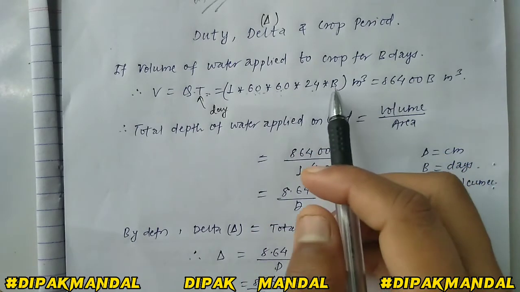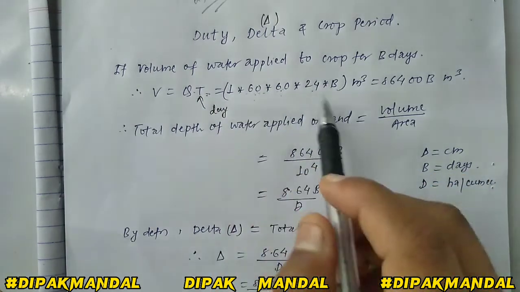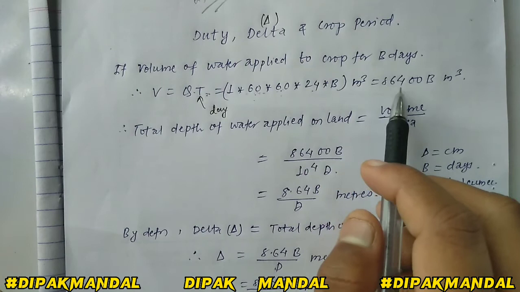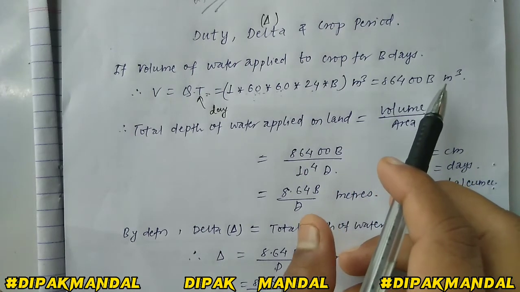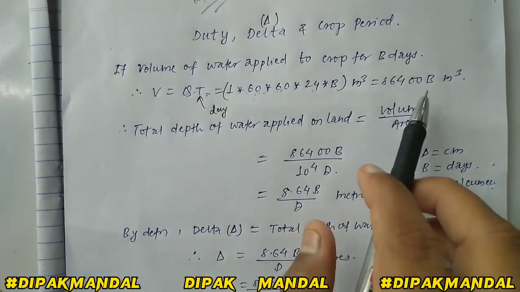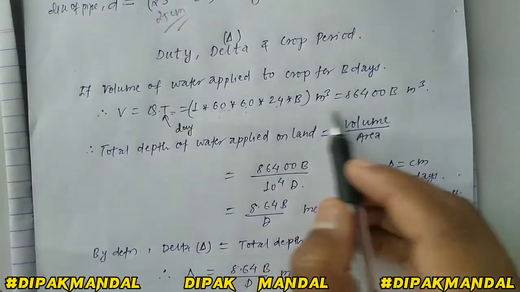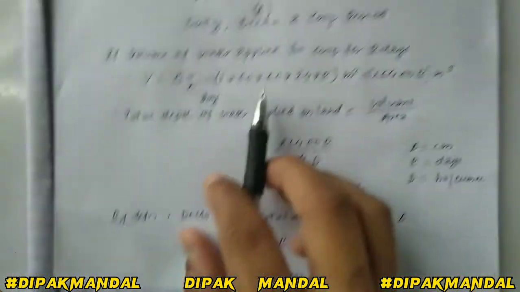So this is converted into seconds, and now calculating this value, we get 86400 B. This is in meter cube per second. So the volume becomes in meter cube. It means simply volume equal to 86400 B meter cube.